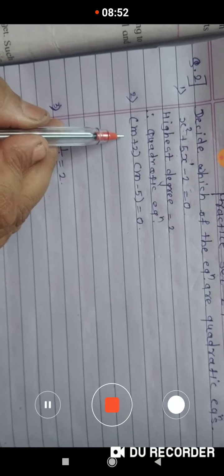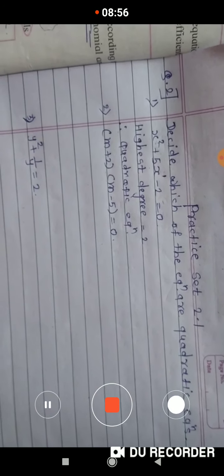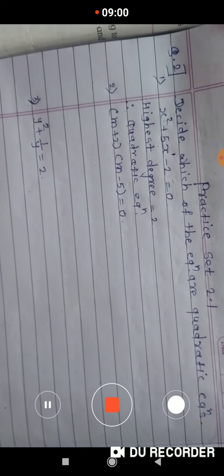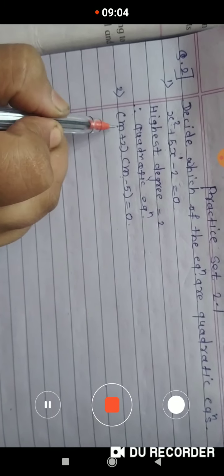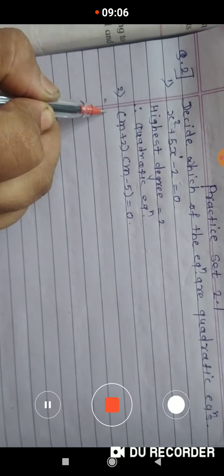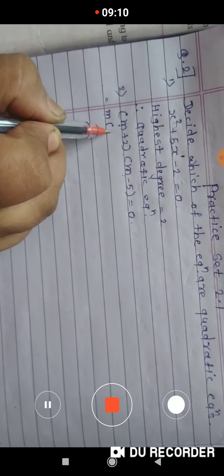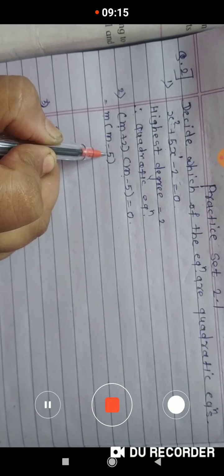Now see the second example. In the first bracket m plus 2 and in the second bracket m minus 5 is equal to 0. That means here there should be multiplication of two brackets. Now here we can write the first term m, multiplied by the whole second bracket, that means m minus 5.